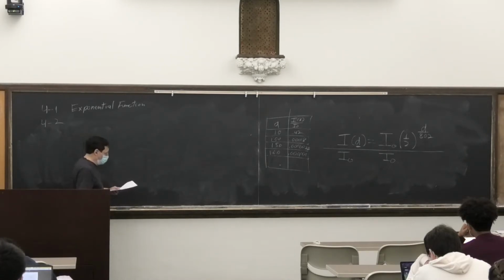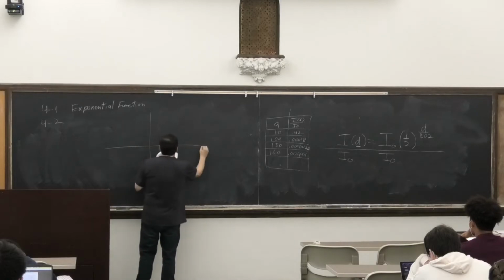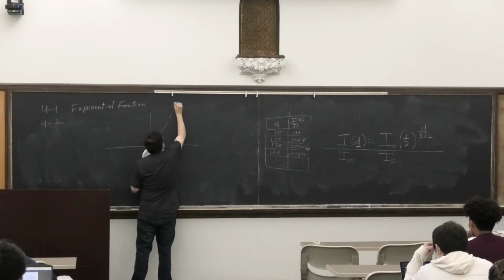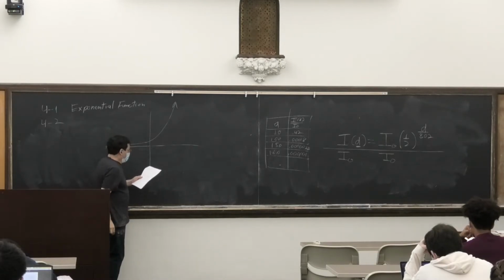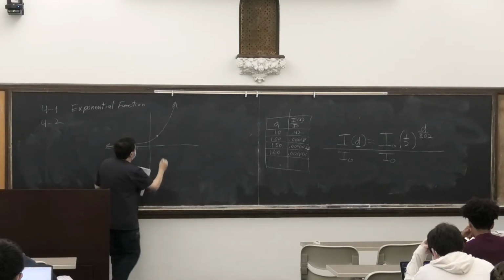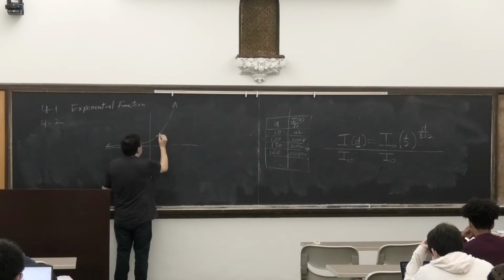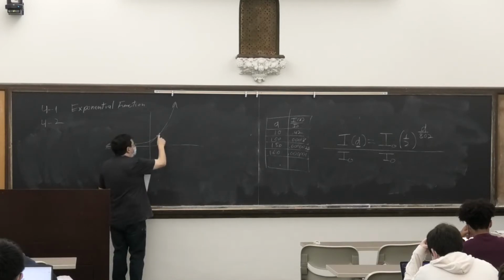Just some more interesting things to talk about exponential functions. If I take an exponential function, and I take a point on the exponential function, and then another point near that point, well, I can draw a line through it, right? And that line would have a slope.